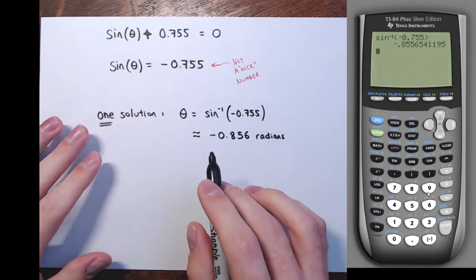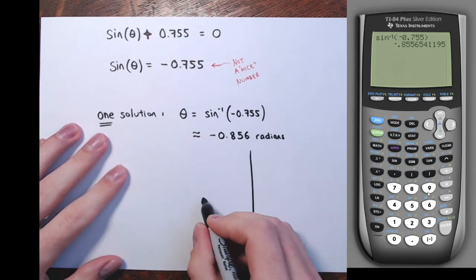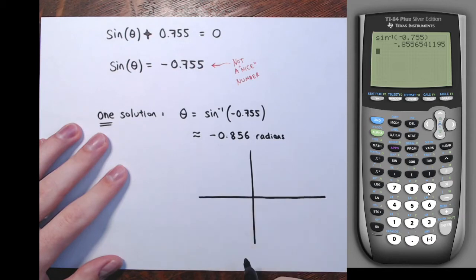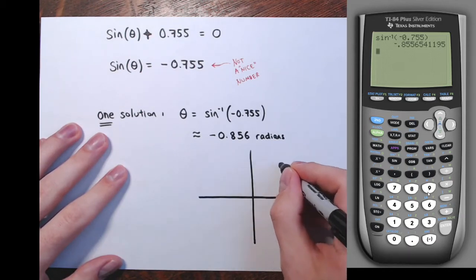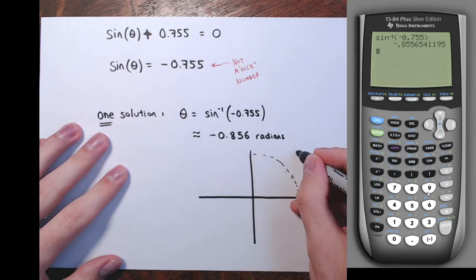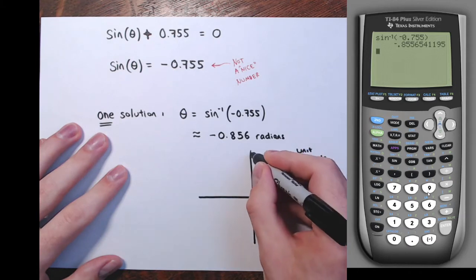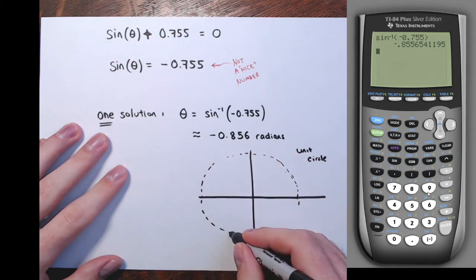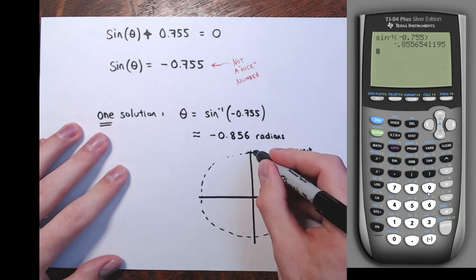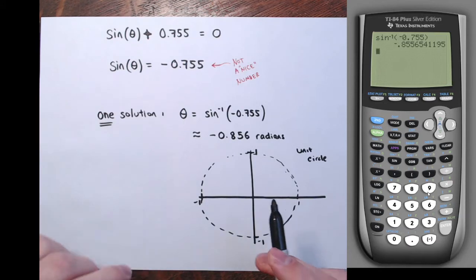Now what I'm going to do here is draw this angle. So here's the unit circle, drawn really quickly. Just a circle with a radius of 1, centered at the origin. So there's 1 up here, negative 1 over here, negative 1 down here.